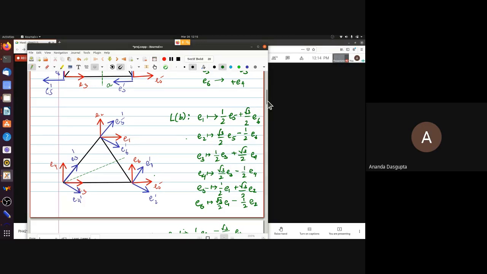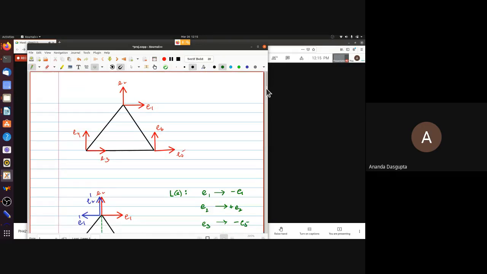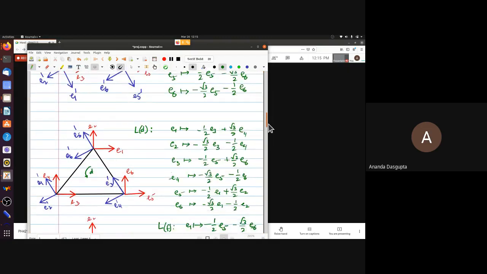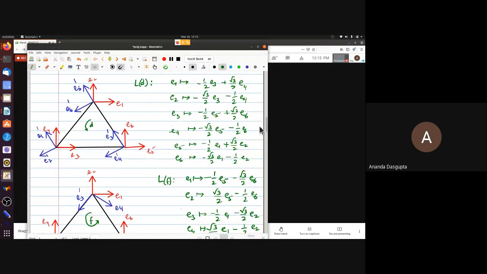Things are even simpler for the rotations. For D and F, the situation is very trivial. For D and for F, all the atoms move. So E1, after you rotate it, will definitely not have any E1 component or any E2 component. I'm really interested in whether E1 has any E1 component after rotating, because that's what's going to contribute to the trace.